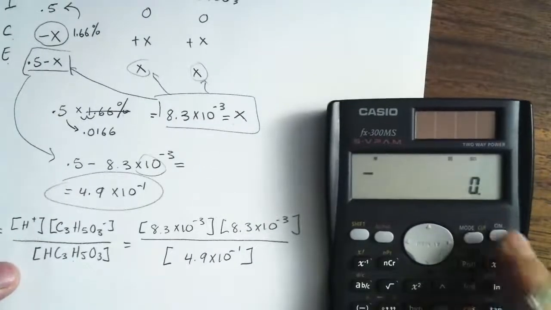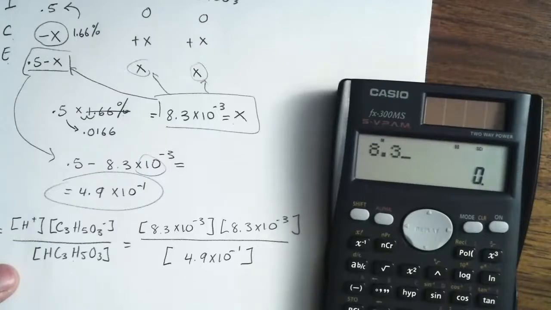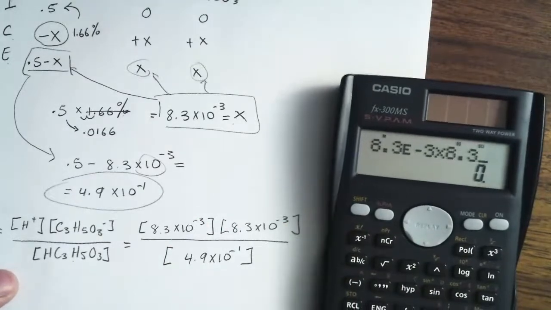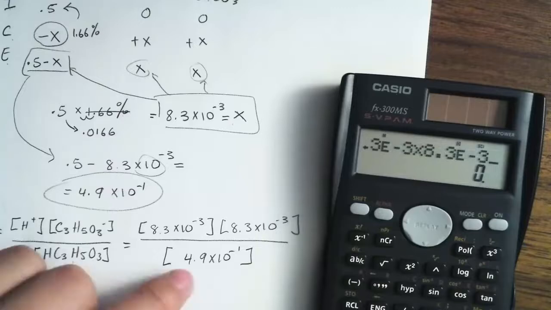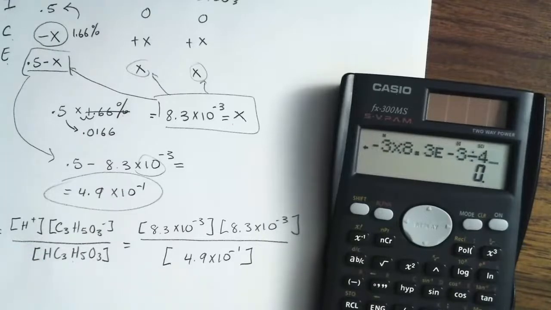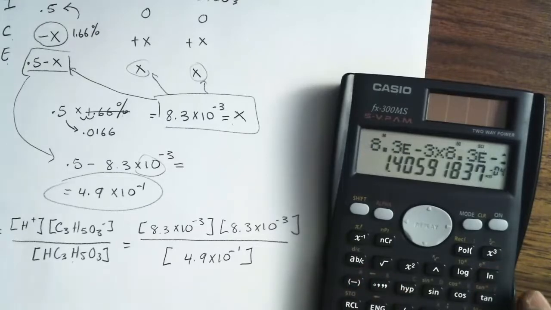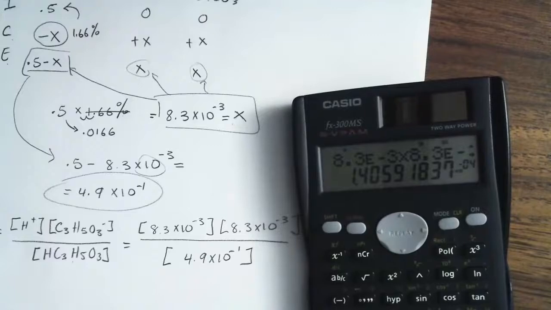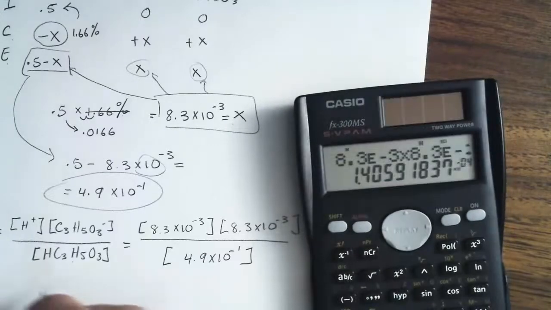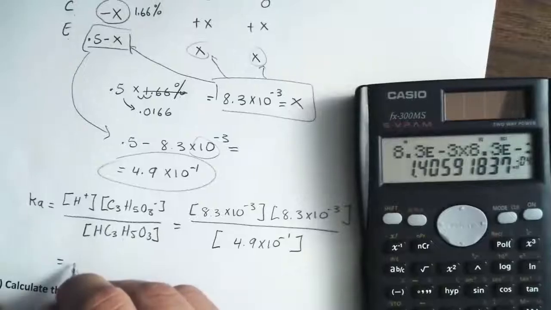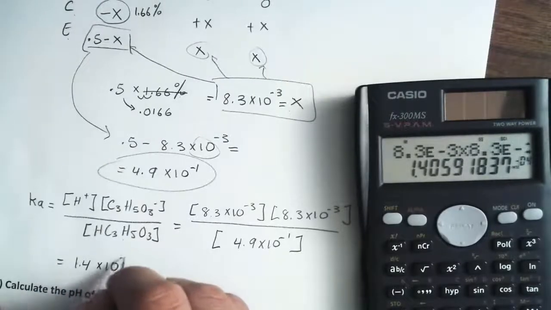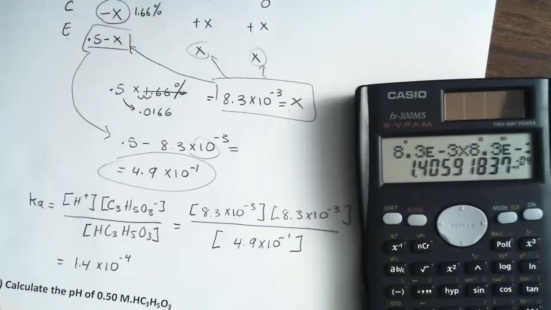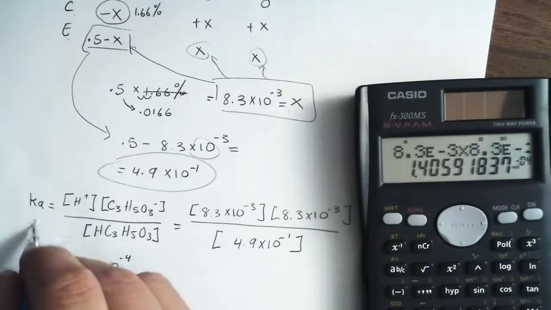And if we plug this into a calculator, 8.3 exp minus 3, times 8.3 exp minus 3, divided by the bottom part, 4.9 exp minus 1, that gives us 1.4 times 10 to the negative 4. And that is the value of our Ka right there.